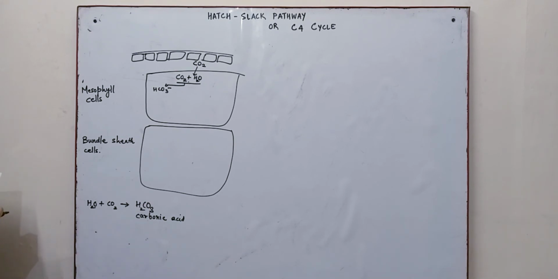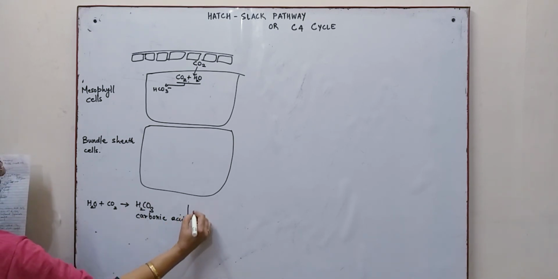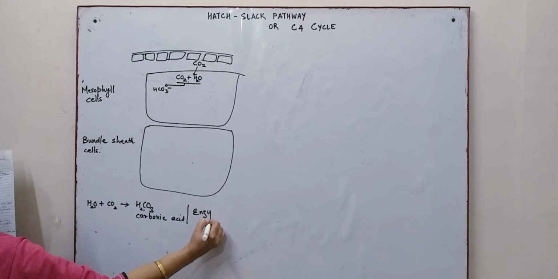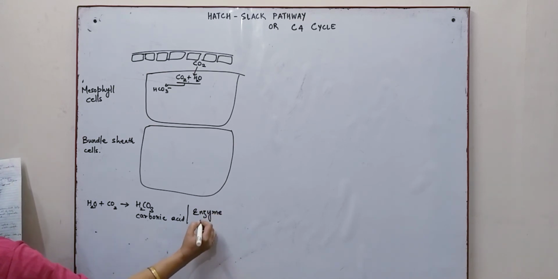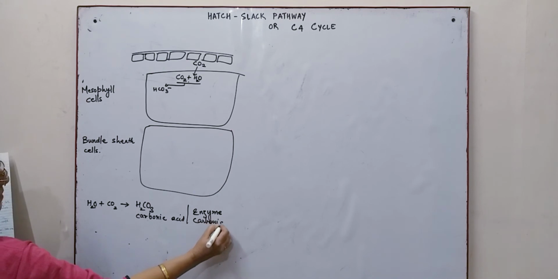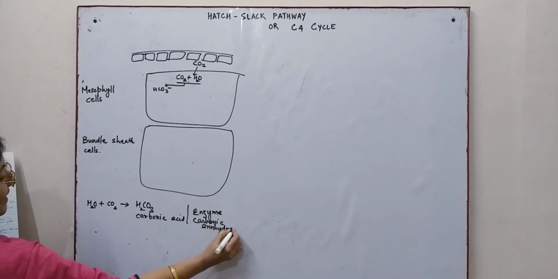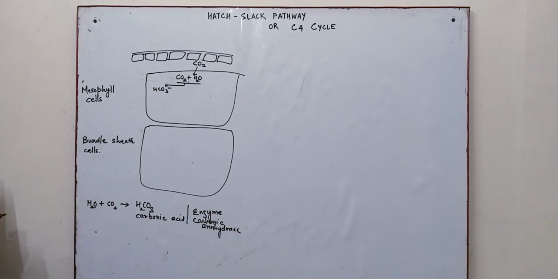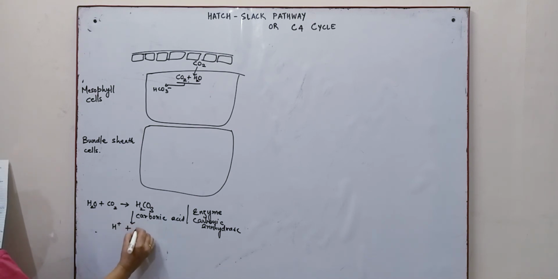And this is happening in presence of an enzyme, carbonic anhydrase. So this enzyme actually helps in combining water with carbon dioxide, and this H2CO3 later dissociates or breaks up into H+ and HCO3 minus.